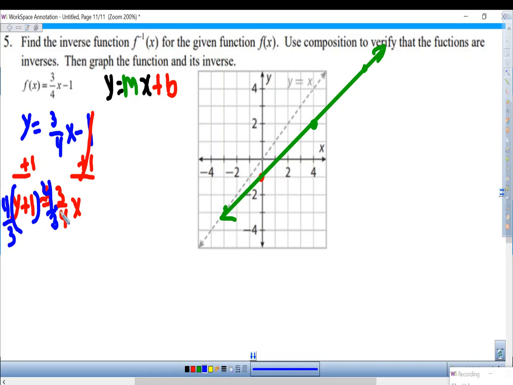Because this becomes 12/12, which is what? 1, and we're left with x. Distribute. This is 4y plus 4/3. What do I do next to make it the inverse?